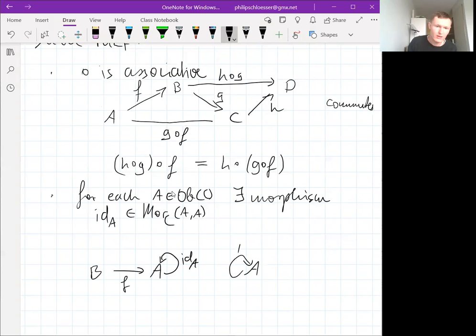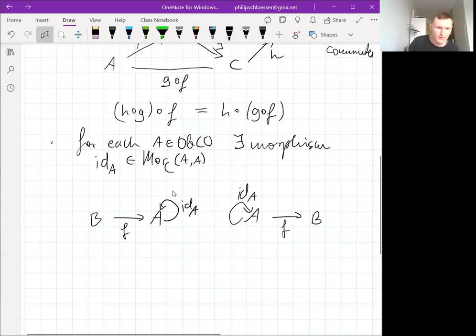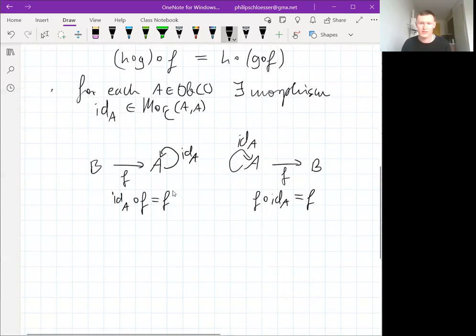Similarly, the same situation when we reverse our arrows. So this means ID_A after f is equal to f. And here we want f after ID_A is equal to f. So basically, we have function composition and we have identities.